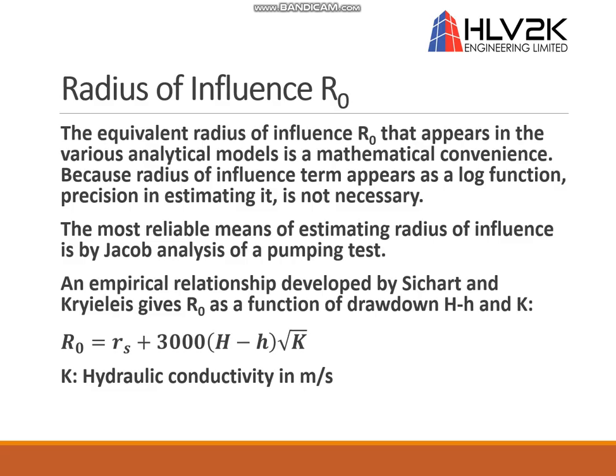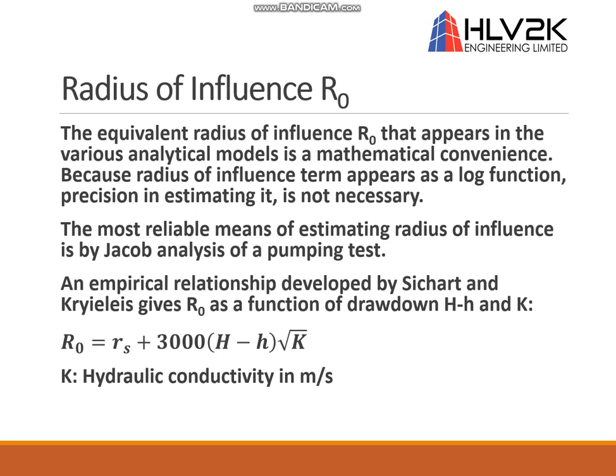The most reliable means of estimating radius of influence is by Jacob analysis of a pumping test. But if you don't have a pumping test, empirical relationships can be used. The most common one is the one developed by Sichardt and Kyrieleis. I hope I pronounced it correctly.